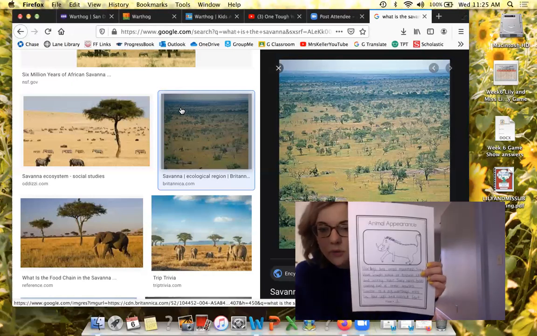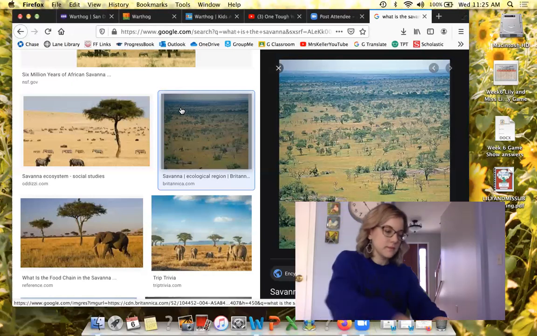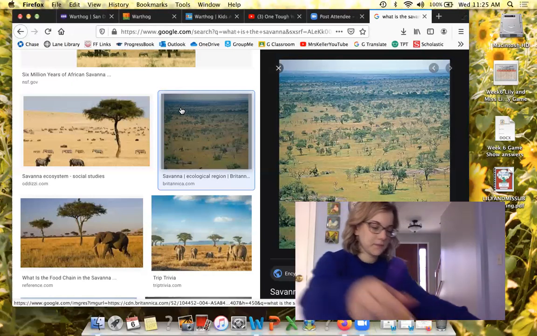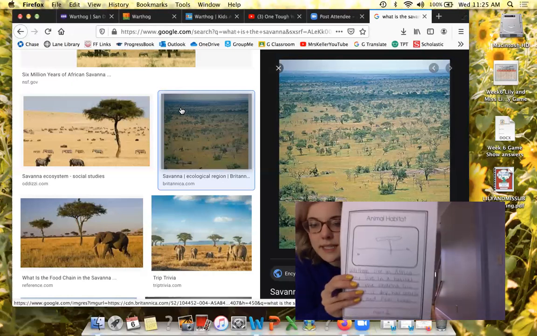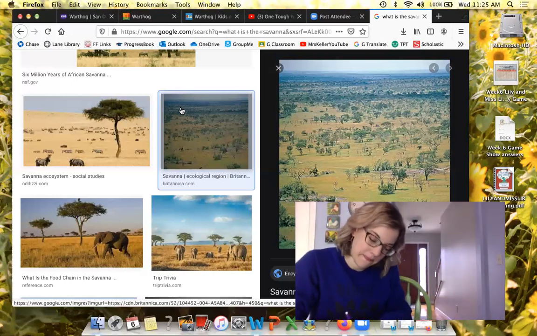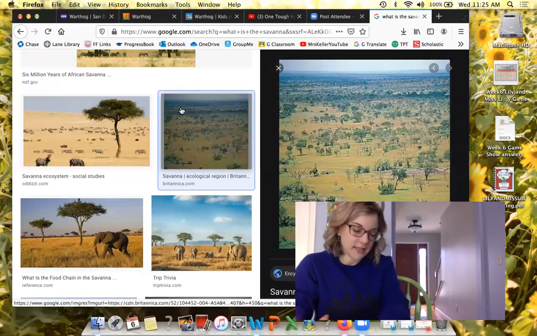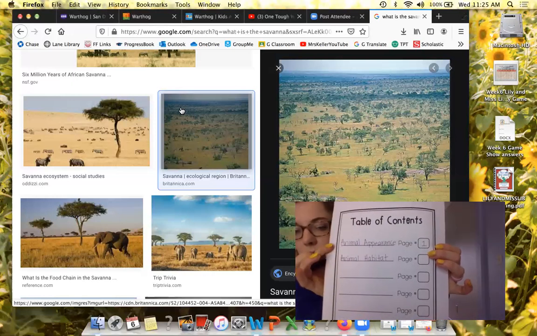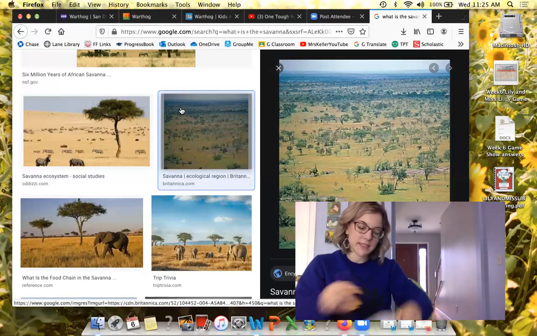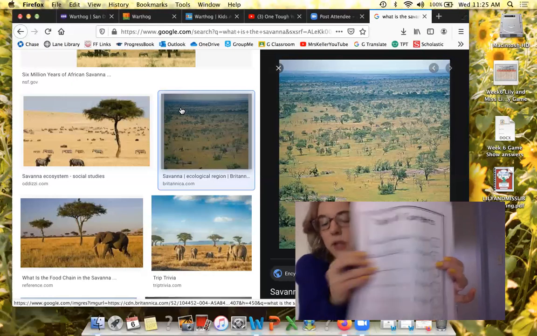Page 1, animal appearance. Let's see what page 2 is. Page 2 says animal habitat. I'm writing exactly that, because that's what the subtopic is, that's what the heading is, and it's page number 2.